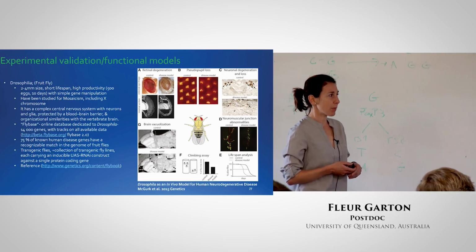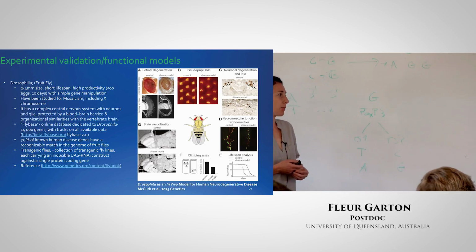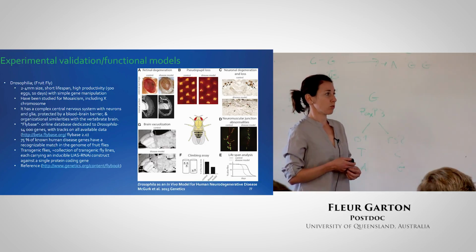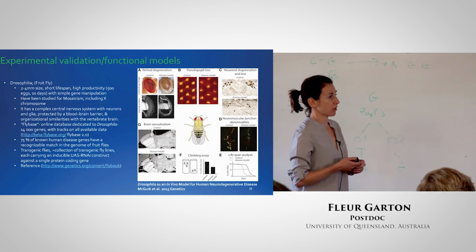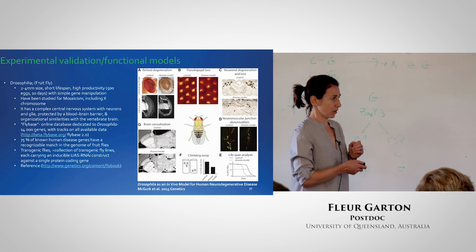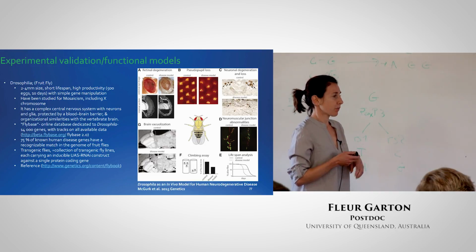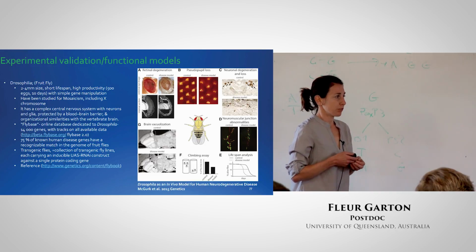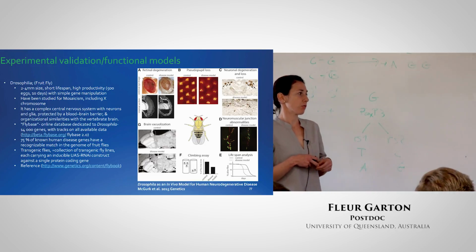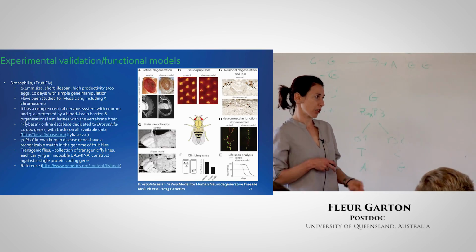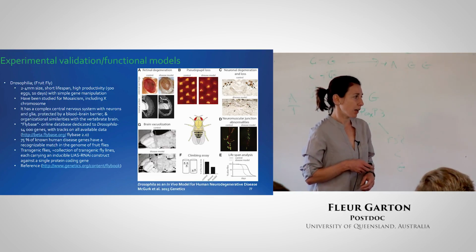There's a thing called Flybase. This is an online database which is dedicated to Drosophila. They've got 14,000 genes in there with tracks on all available data. So the link is there. About 75% of known human genes have a recognisable match in the genome of the fruit flies.